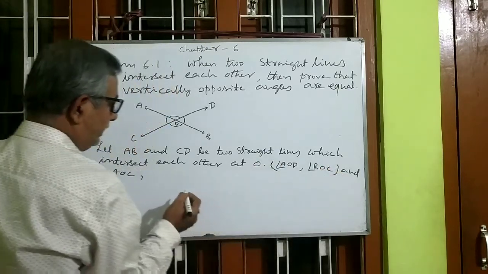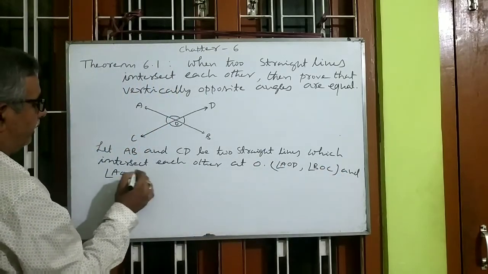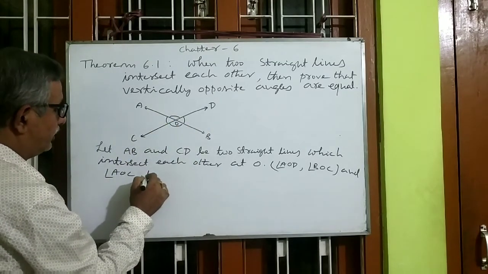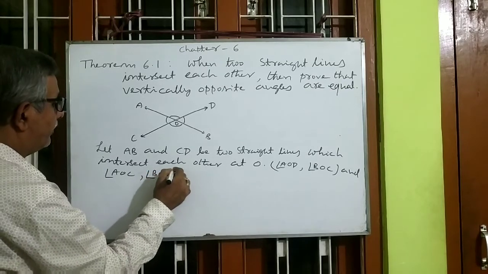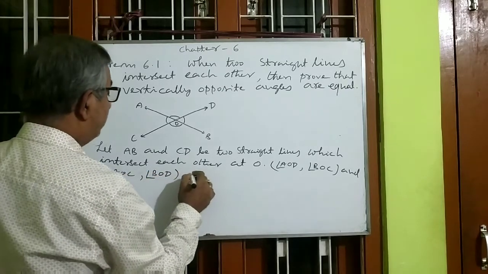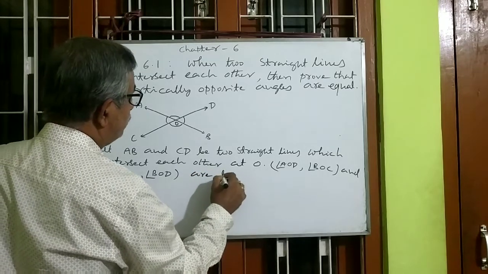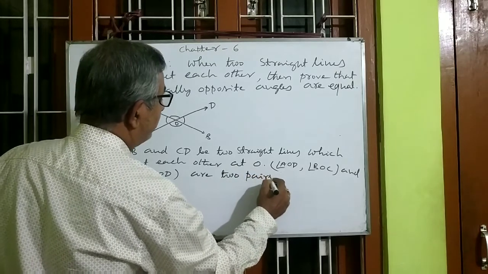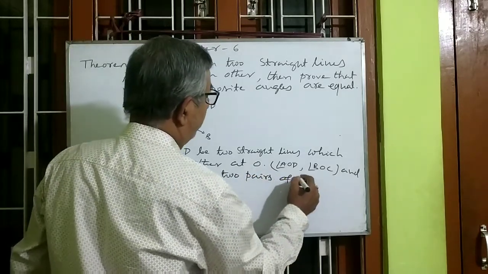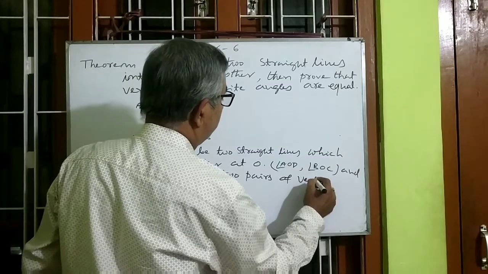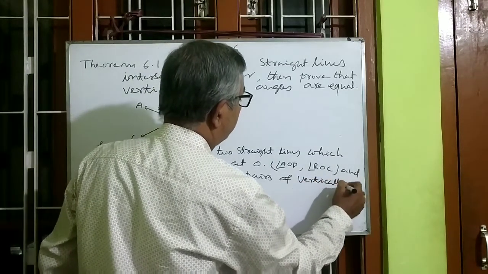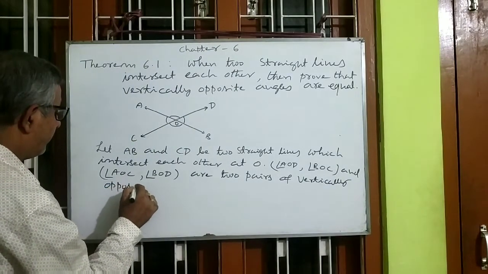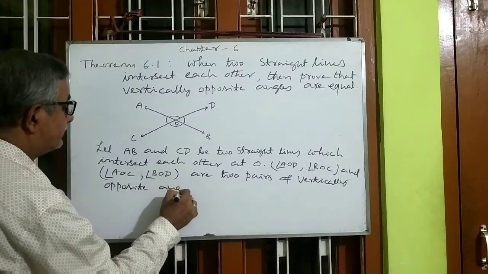AOD, BOC and AOC and BOD are two pairs of vertically opposite angles.